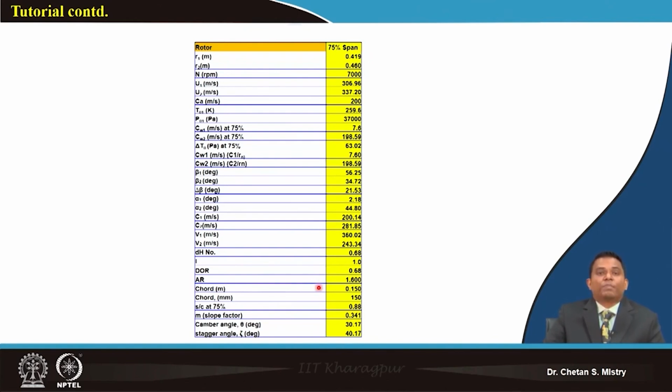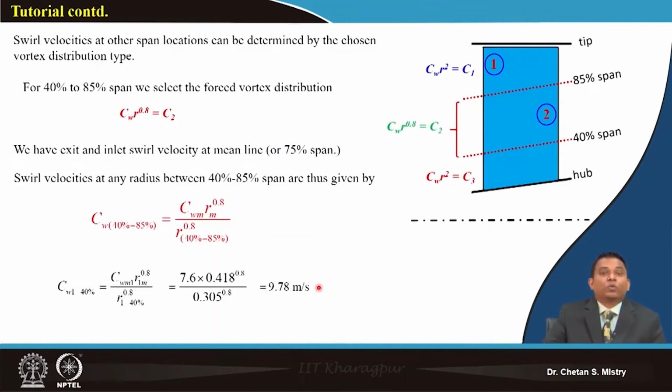So these all are the parameters we are calculating. The very next step is to distribute our whirl component. Here, from 40% to 85% of span, we are considering CW into R to the power 0.8 as constant, which we call C2.